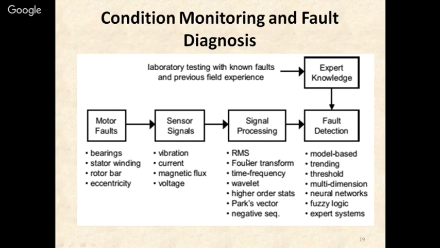All these will generate some features or indicators which will be given to the fault detector, which will have model based or fuzzy or neural network based diagnosis of faults. This will be done by using an expert knowledge base. That means we have some theoretical knowledge of the fault occurrence. This will be utilized here, and we can diagnose the fault of the motor.